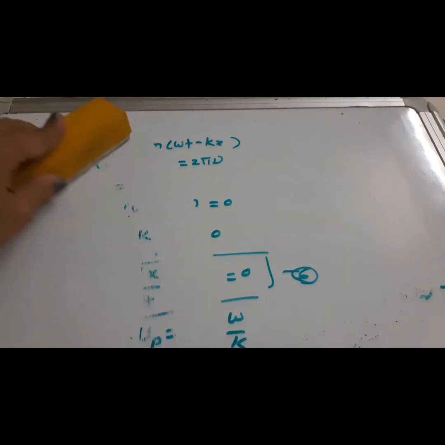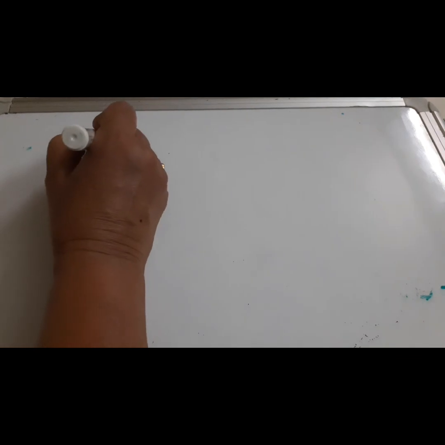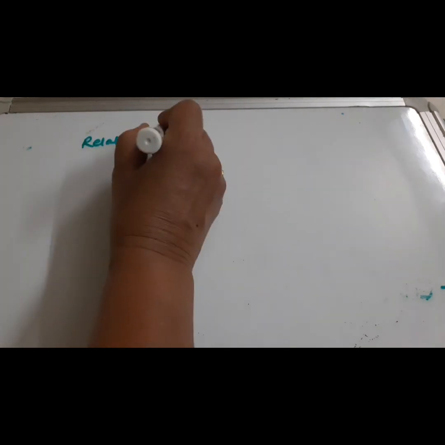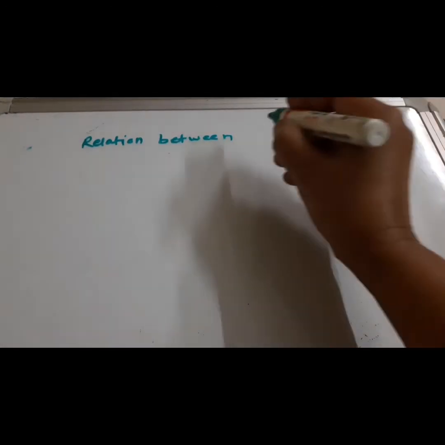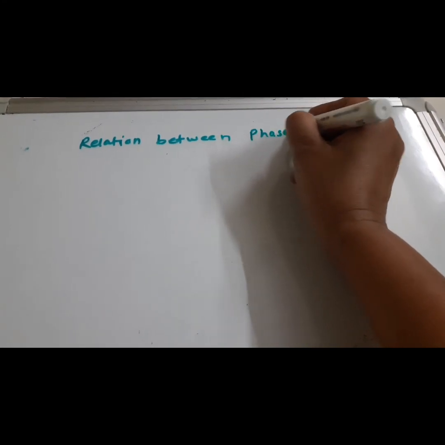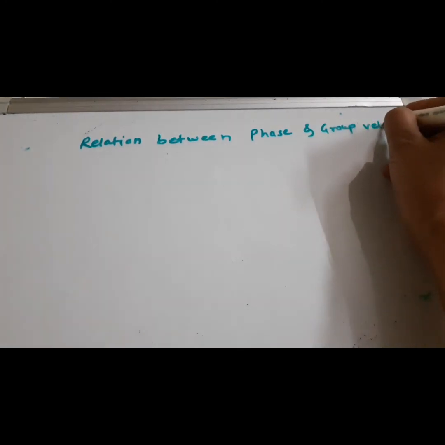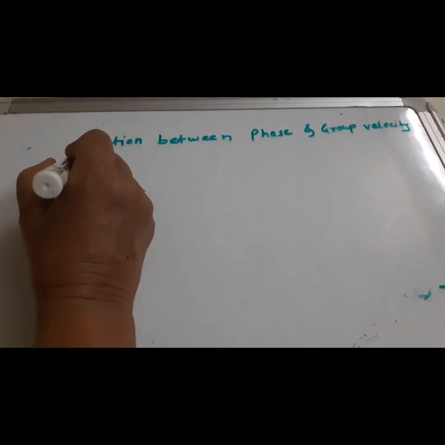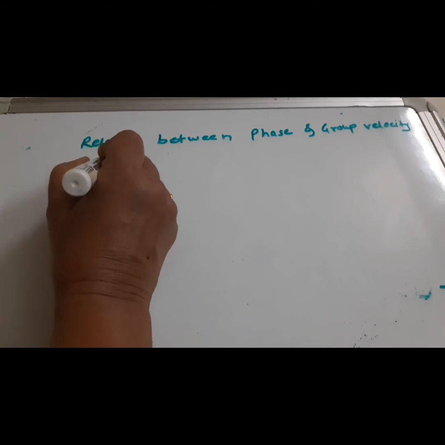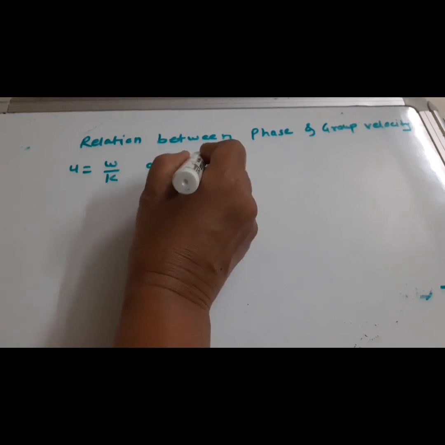Now we will see the relation between the group velocity and the phase velocity. We can write phase velocity u is equal to omega upon k, or omega is equal to uk.